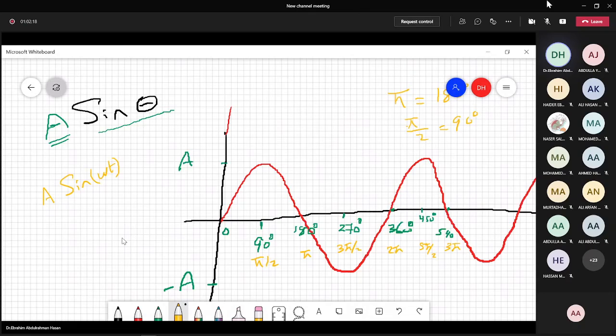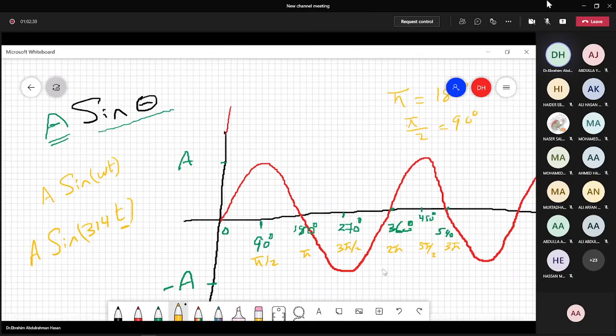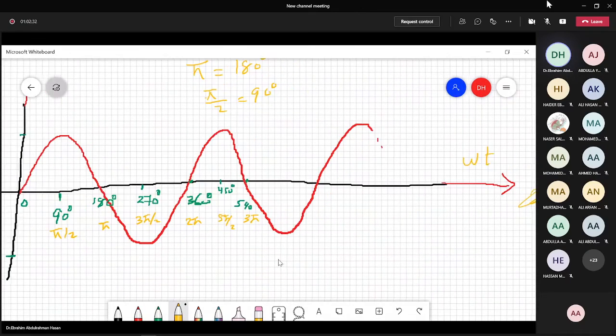Okay. If I ask you to draw A sine 314t with respect to t, not with omega t, it means that here it becomes t. So I divide everything by omega, so this one will be equal to t.